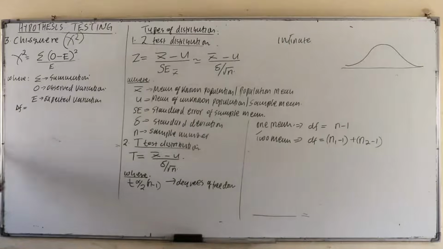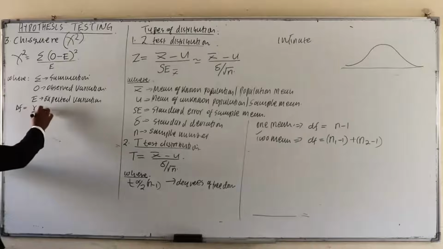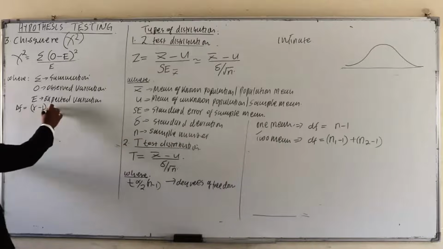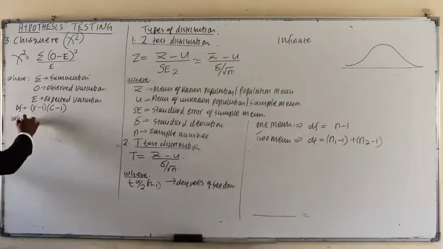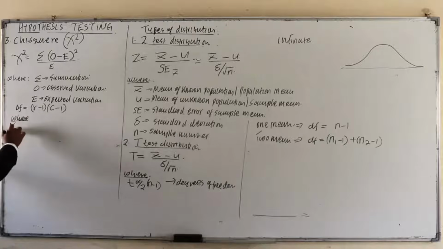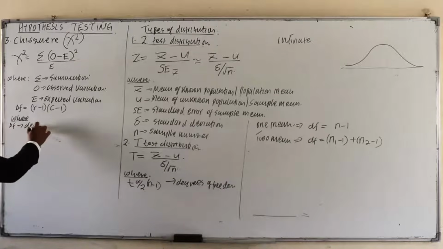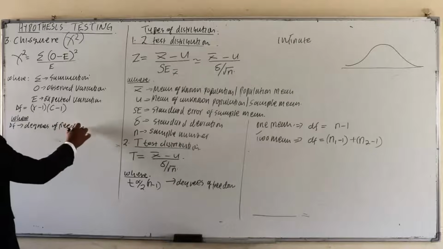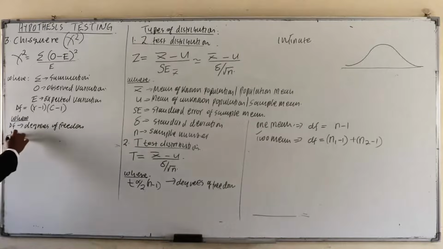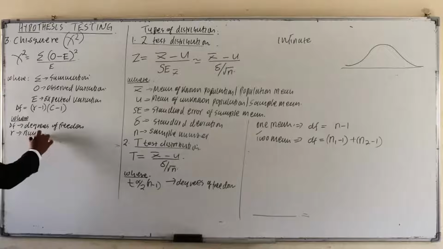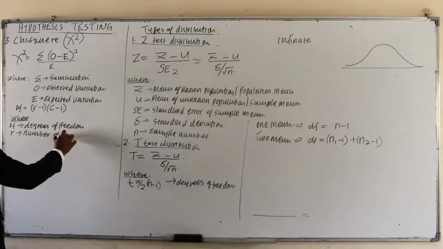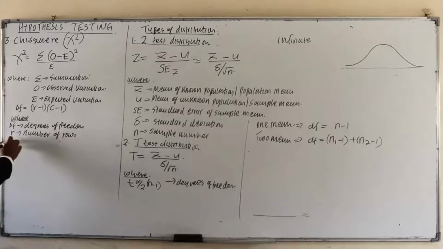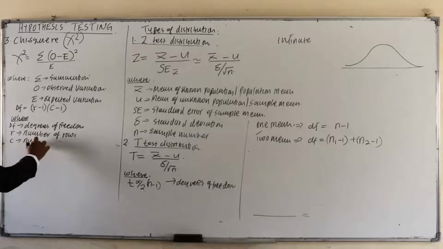Degrees of freedom in case of chi-square, you take r minus 1, multiplied by c minus 1, where df is the degrees of freedom, r is the number of rows, and c is the number of columns.